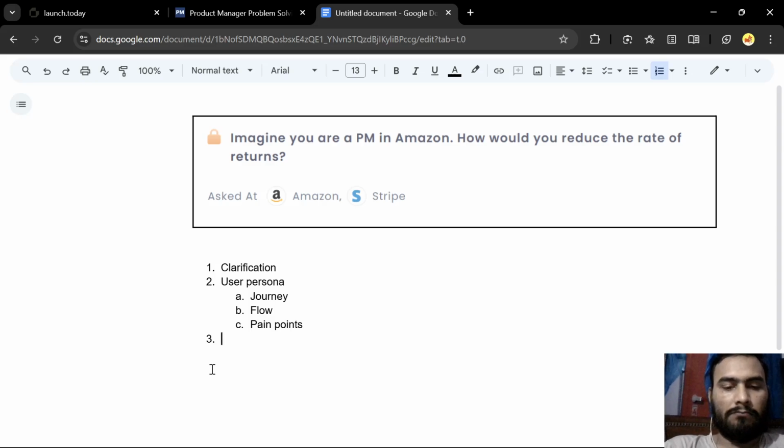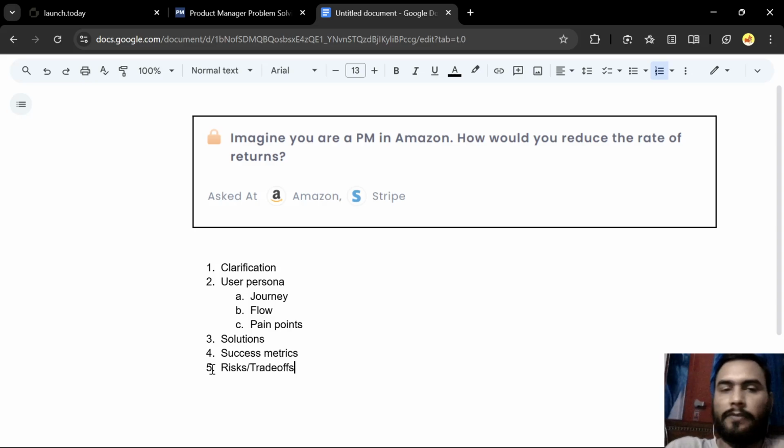Then we'll think about some of the solutions, and what would be the success metrics, then risks or trade-offs that we need to consider.